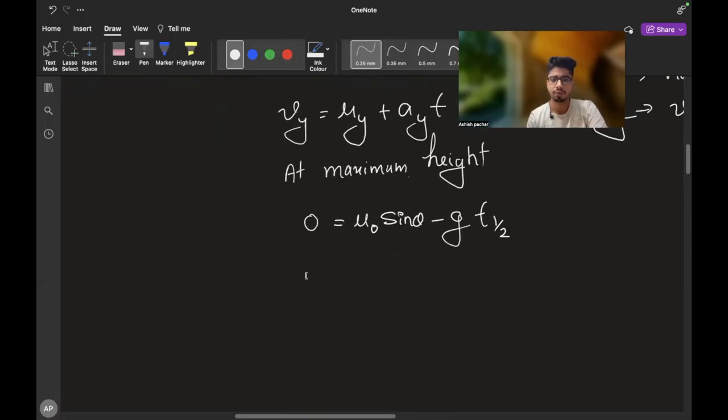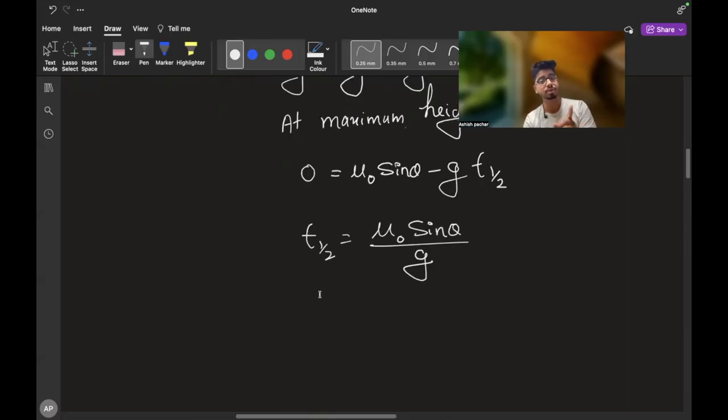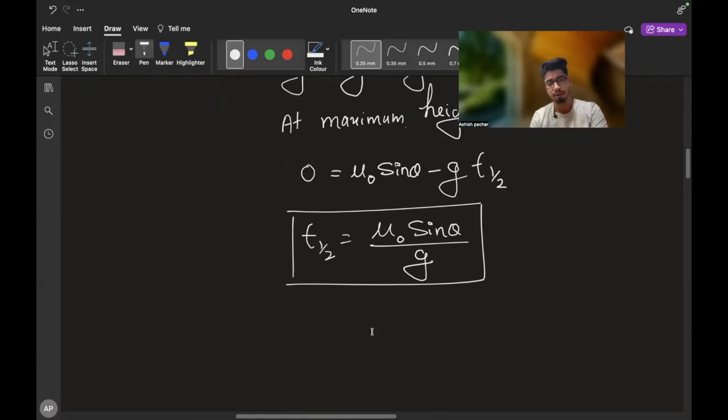Now if you rearrange, the time duration comes out to be u naught sine theta by g. And now the story hasn't ended, because this is the time you can use to find the maximum height if you want. What is the total time?